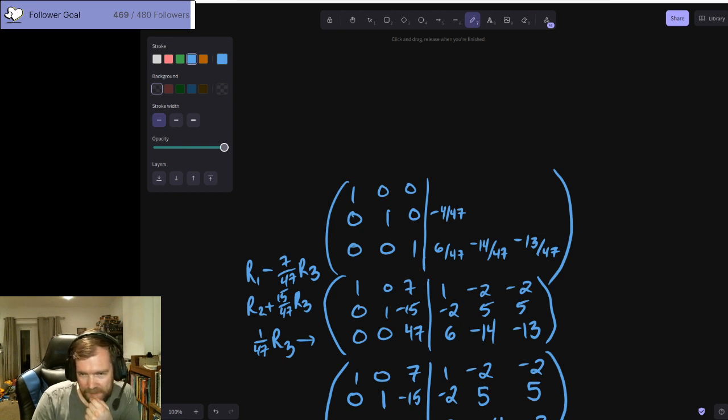Alright, second one. 5 times 47 is going to be a 235. Oh, man. 235 minus 14 by 15 is 15 squared minus 15. 225, so 210.